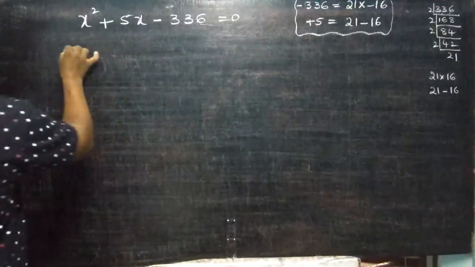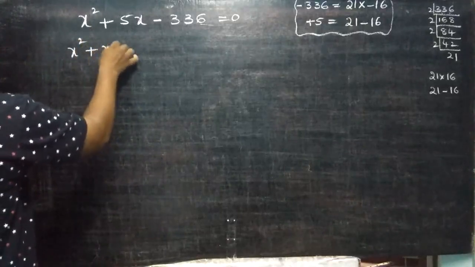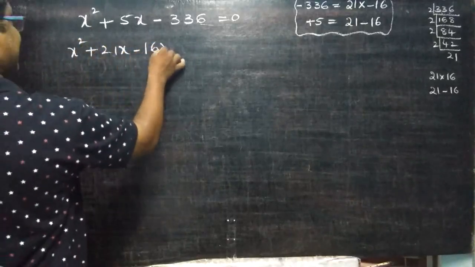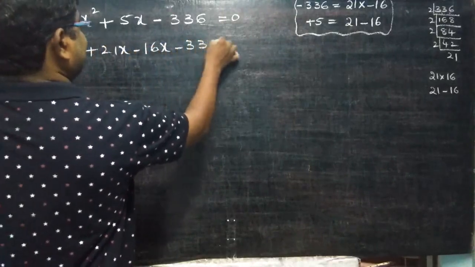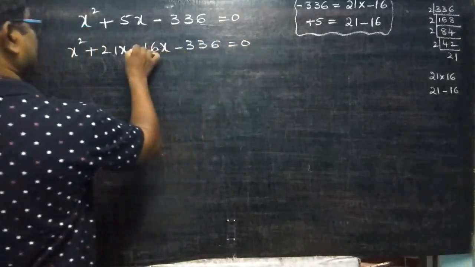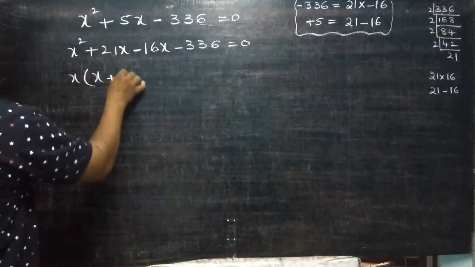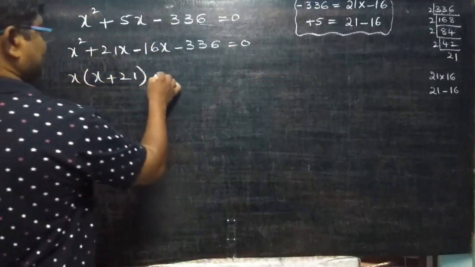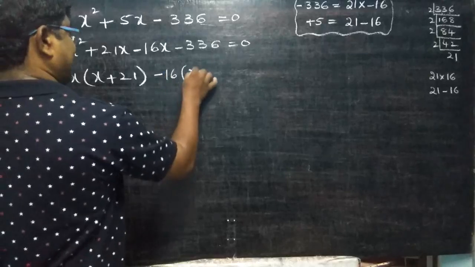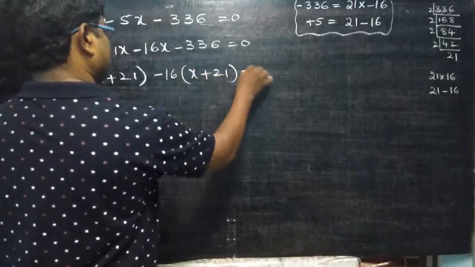Now apply: x square plus 21x minus 16x minus 336 is equal to 0. From the first two, take x common: x plus 21. From the next two, take minus 16 common: x plus 21.